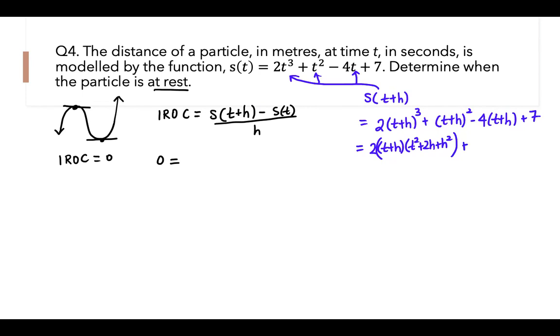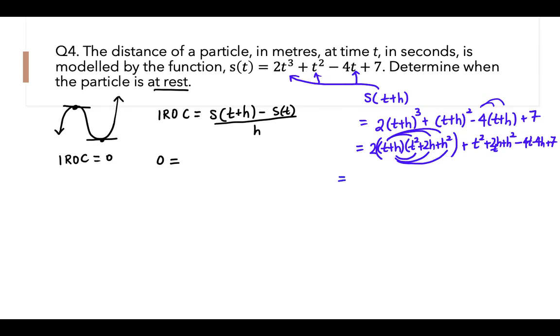Okay, and then plus, I will be doing FOIL for the next bracket. So T squared plus 2TH plus H squared, sorry. And then do the distributive property, so minus 4T minus 4H plus 7. Here you've got to do the distributive property and the FOIL: front, outside, inside, last.